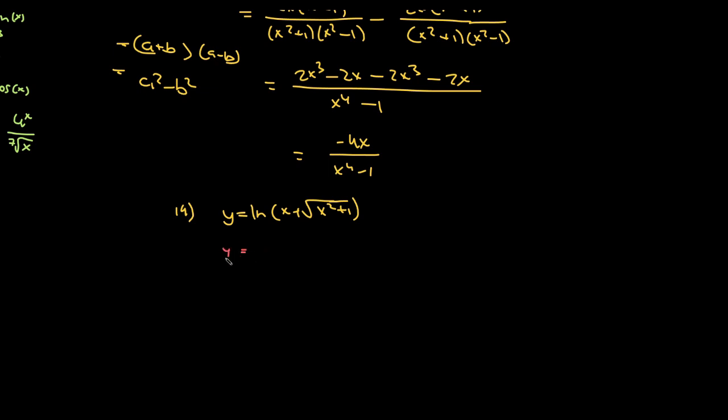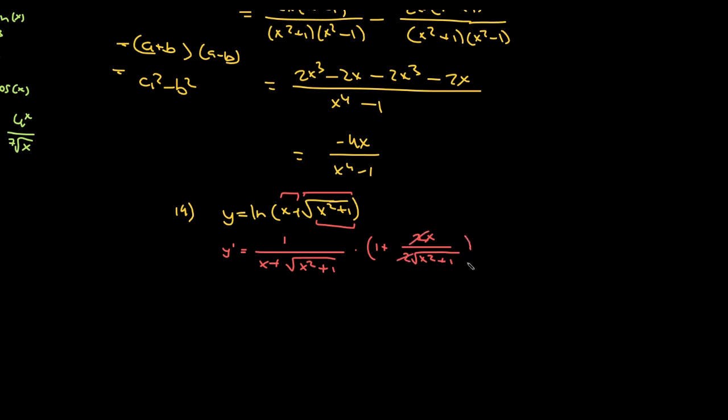So first of all, the inside is gonna be like that, and I have to multiply by the derivative of this. So derivative of that, I can just split this up, right? Because I have x, that's just 1, and then the derivative of this is gonna be 1 divided by 2 times the square root of the inside, like that, and then times the derivative of the inside of the square root, which is 2x.